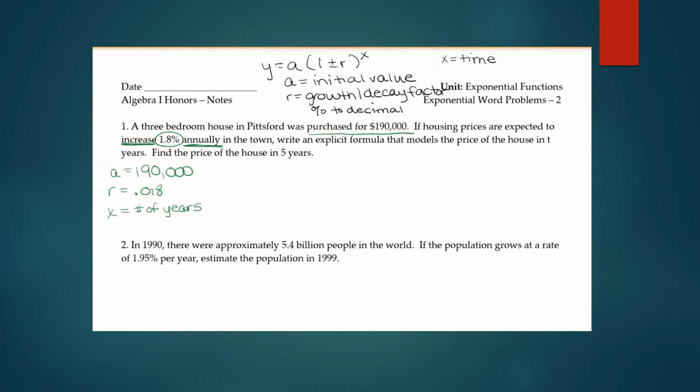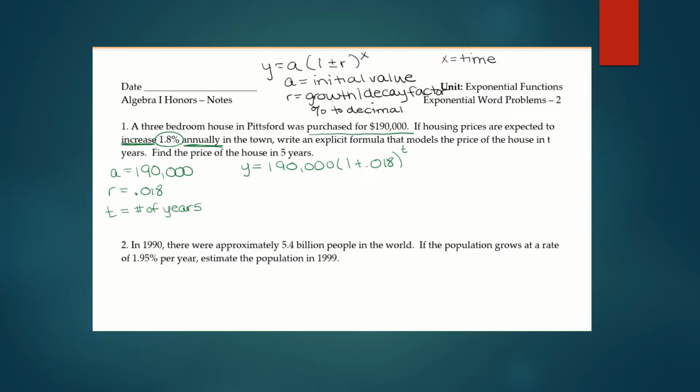Okay. So let's put together our equation. Y equals our a value times 1 plus, because it's a growth, 0.018 raised to the power of, oh, and I'm sorry, instead of x they want us to use t, so let me just switch that out because they're talking about t years.